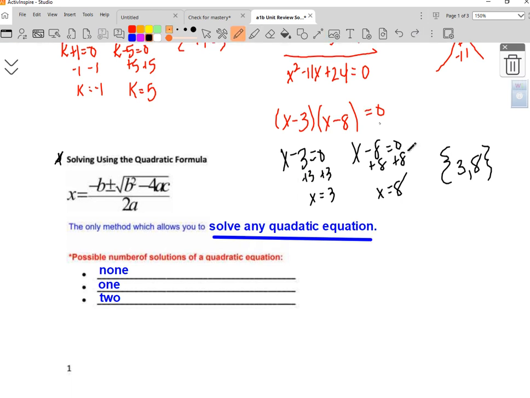A quadratic equation has 3 possible numbers of solutions. It could have no solution, one solution, or 2 solutions. Wait, isn't there one that says none, one, and then many solutions? That's a linear equation.